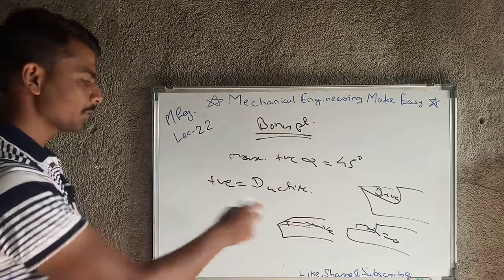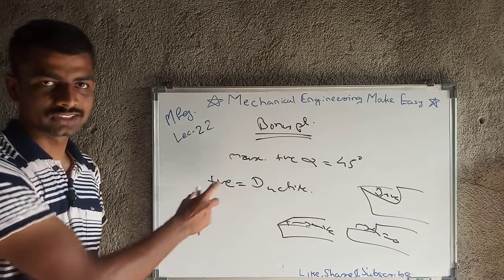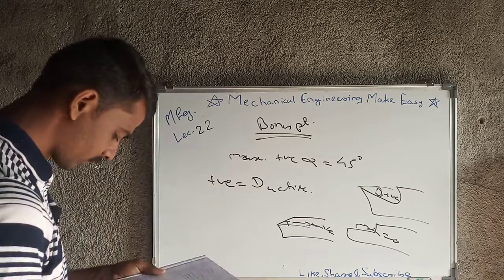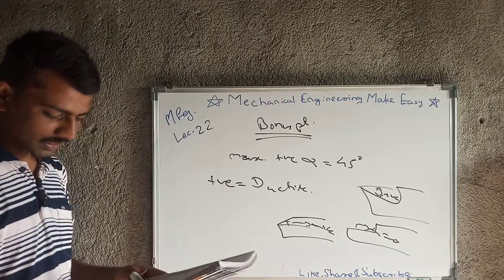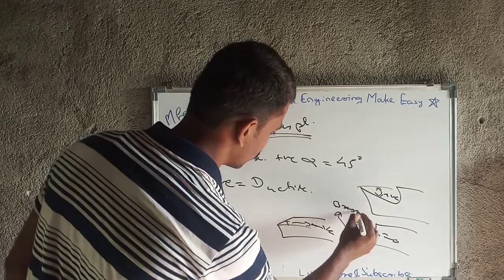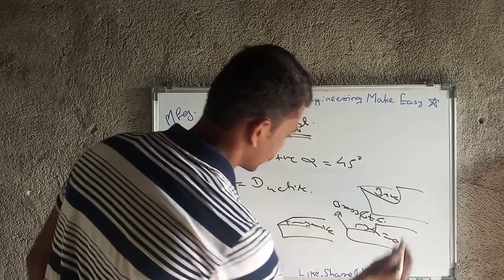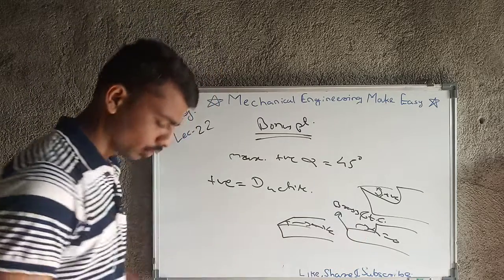So these are three types of rake angle, and if there is ductile material, then we have to consider the positive rake angle. Then rake angle is 0 for brass and thread cutting. For brass and thread cutting operation, the rake angle will be 0.